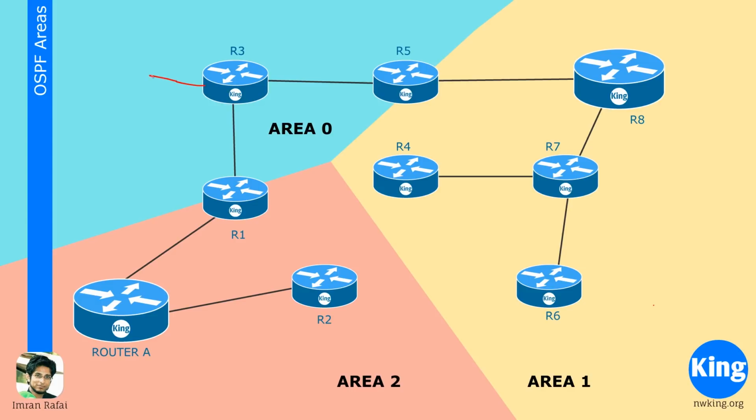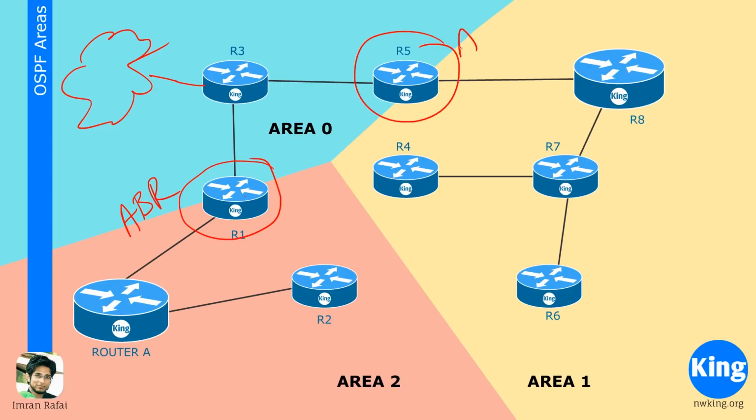This is where your connection to the outside network has to happen. As a rule, if you're creating new areas, one of the main rules is that all the areas should have an ABR, an area border router, right?